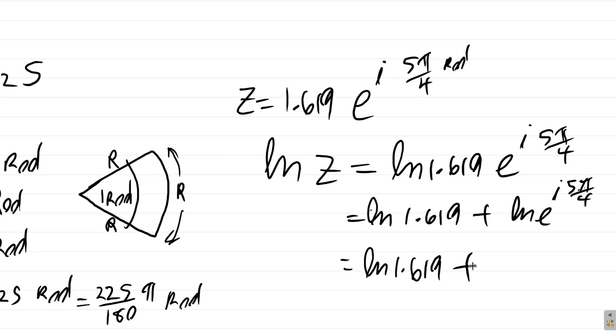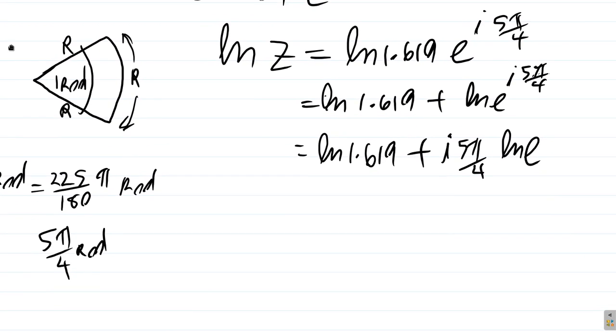So the power is i 5 pi over 4, times ln e. But what is ln e? The natural logarithm of e is 1. So what we get is ln 1.619 plus i 5 pi over 4.